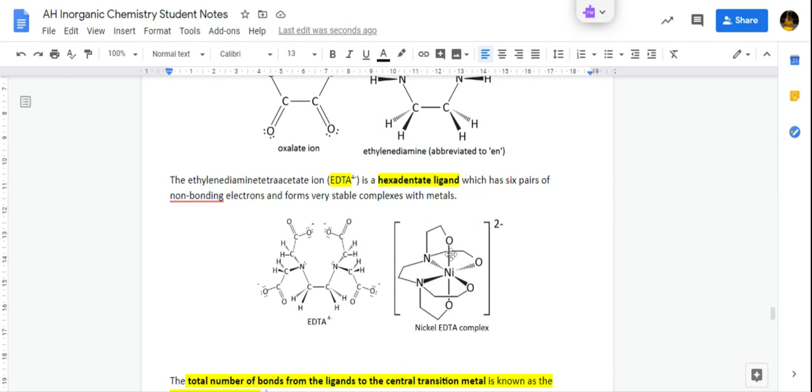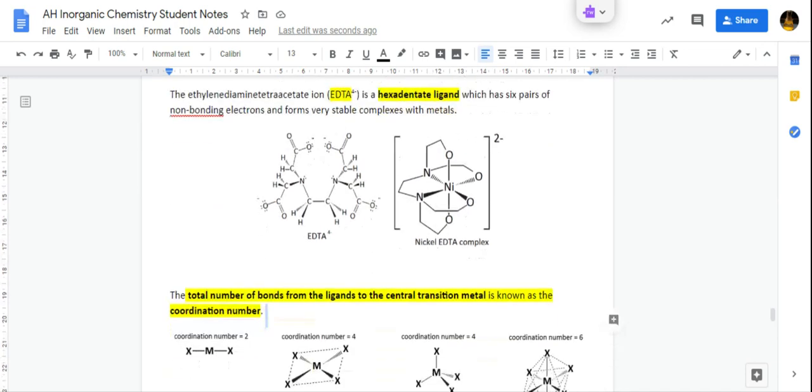But the coordination number is 6 because there are 6 bonds to the nickel ion in the center. So coordination number and the number of ligands bonded to the central metal ion are not always the same. You should be able to do questions 51 to 56 on transition metal complexes now.